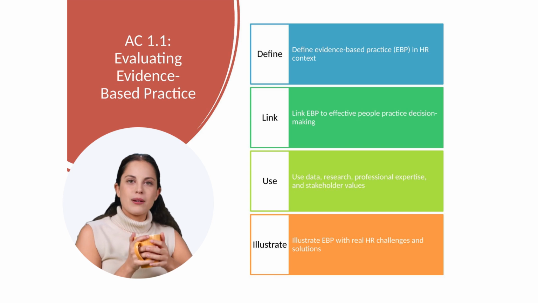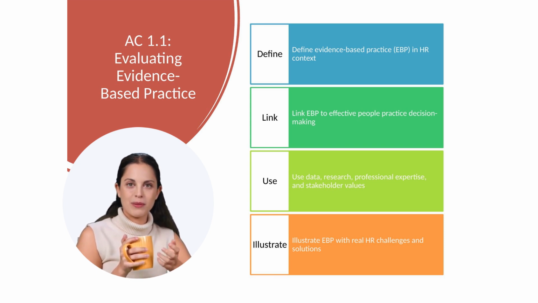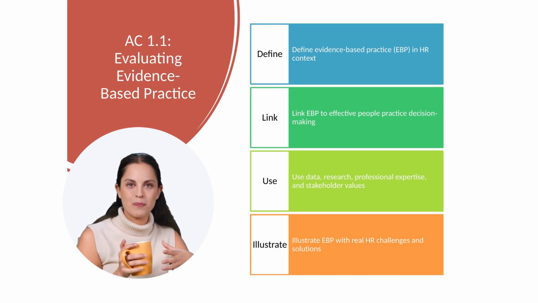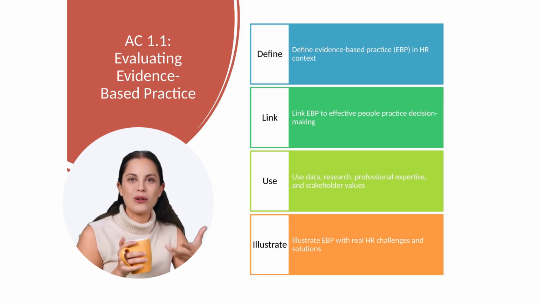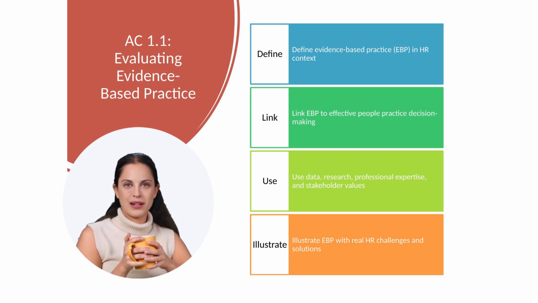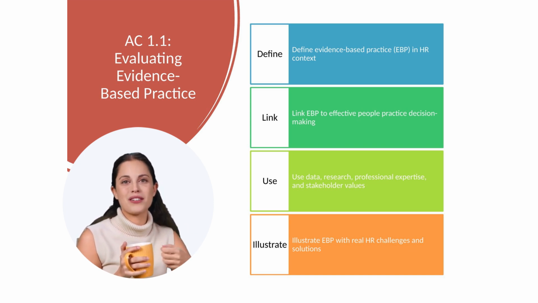To tackle AC 1.1, start by defining evidence-based practice, EBP, as the combination of critical thinking with the best available evidence to support HR decisions. Emphasize how EBP helps resolve people practice issues through factual insights. Reference how data, qualitative and quantitative, academic research, HR expertise, and stakeholder needs shape informed strategies.